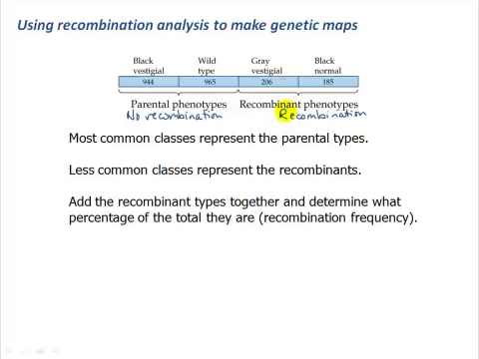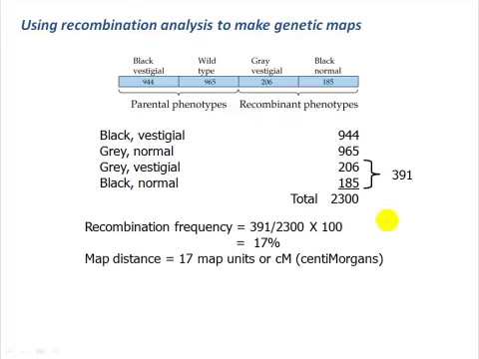So what we want to do to generate our map is add up our recombinant progeny and determine what percentage of the total they are. So what percentage of the total are the recombinant progeny types? And that represents a recombination frequency.